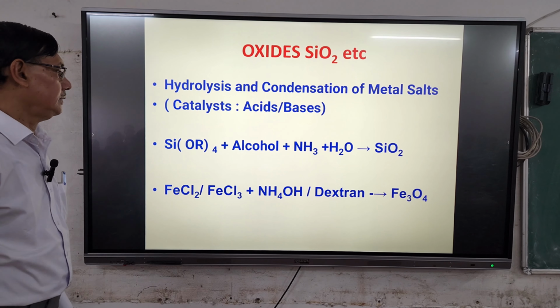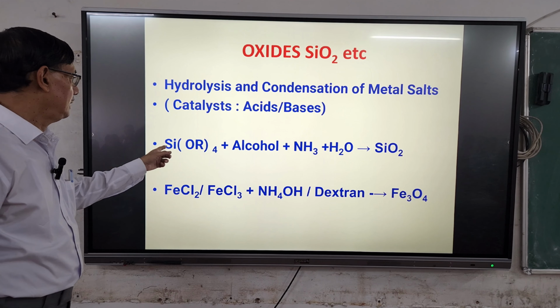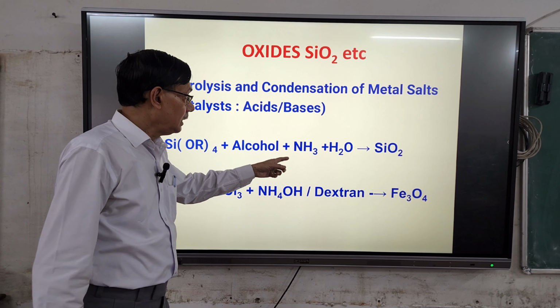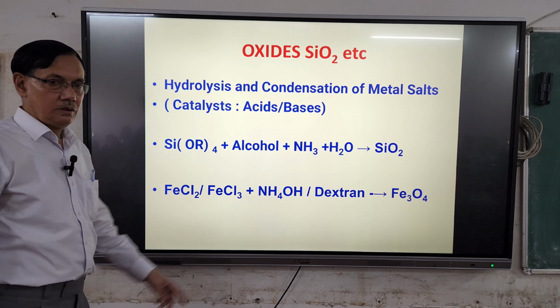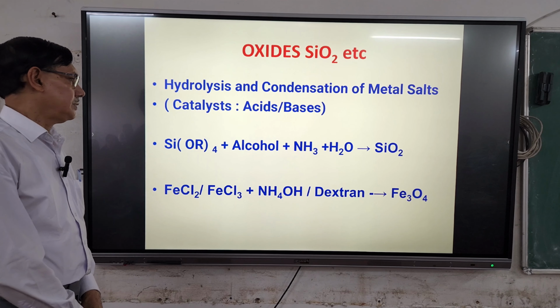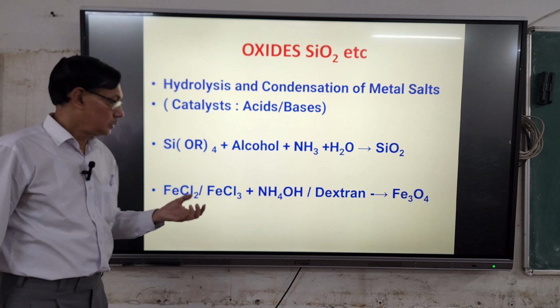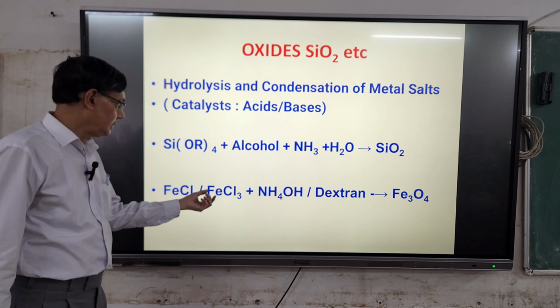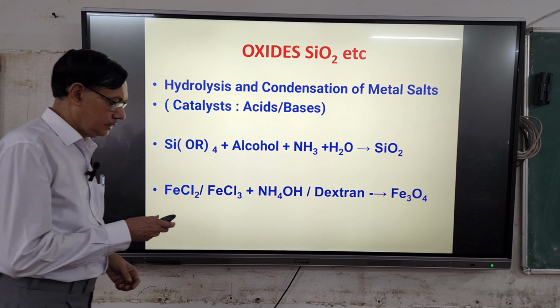Suppose you want to prepare silicon dioxide: SiO4, some alkoxide type of thing, reacts with alcohol, ammonia, then water, and it will form such things. This is also very important. Why? Because sometimes some of the semiconductor nanoparticles show magnetic properties. So FeCl2 and FeCl3, ammonium hydroxide and dextran will form the Fe3O4.